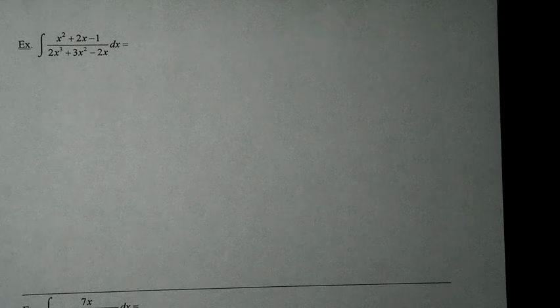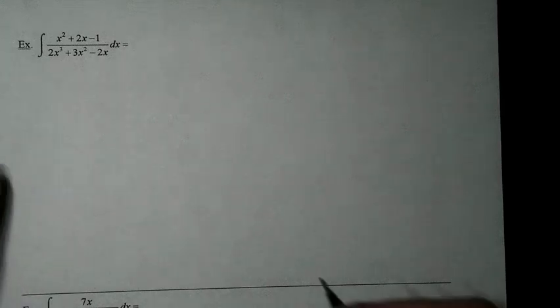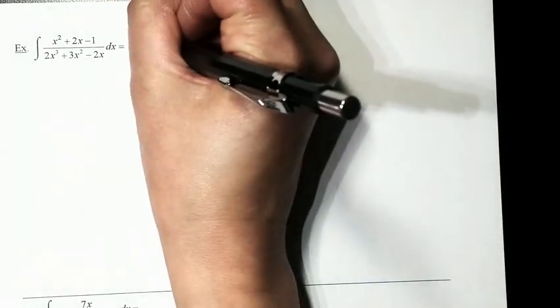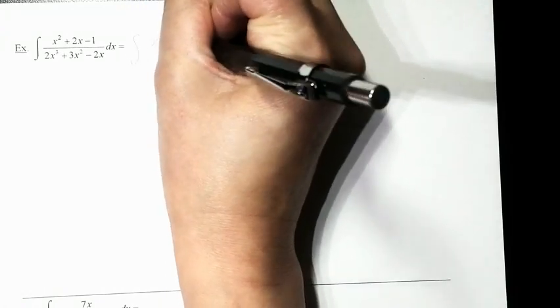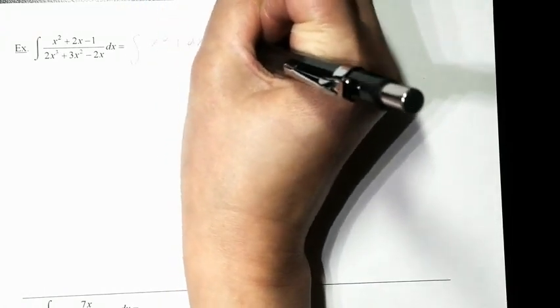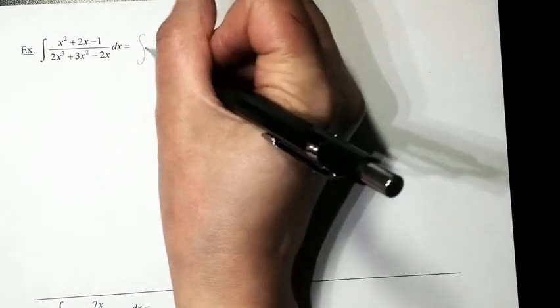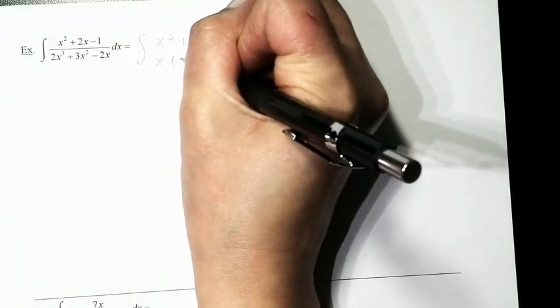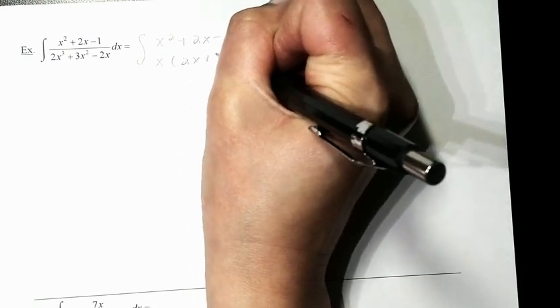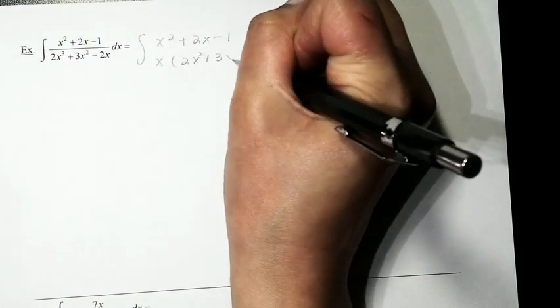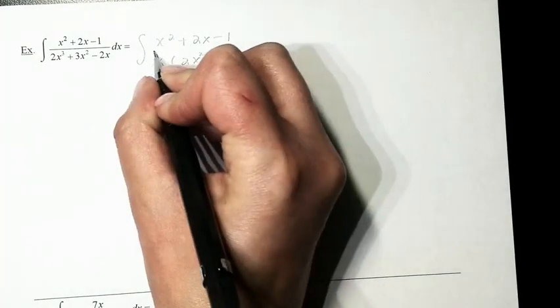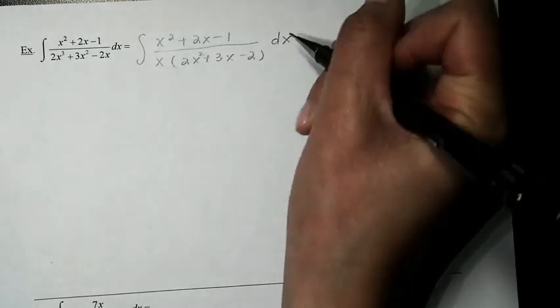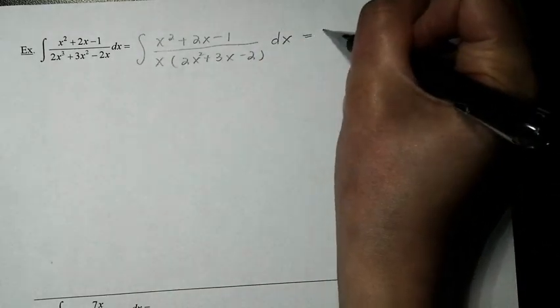You can recognize that the denominator can be factored pretty nicely. I'm going to write it here: you can have the x, and then 2x squared plus 3x minus 2, and all this is your denominator, and we can factor it even more.